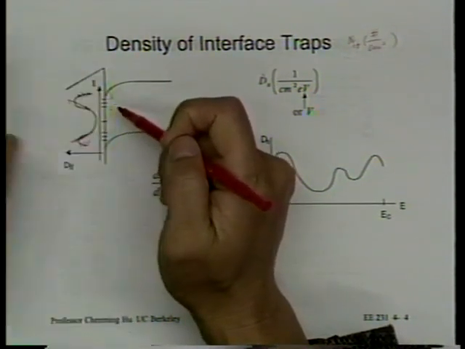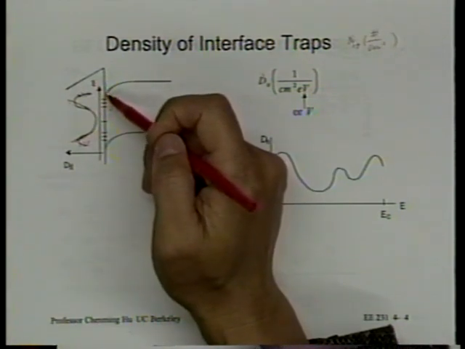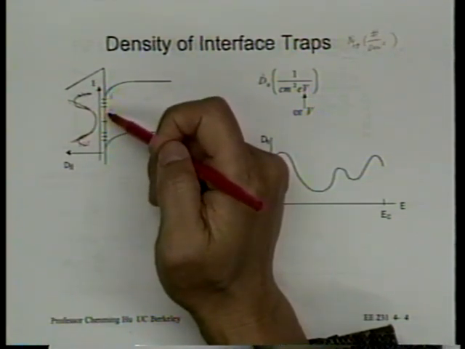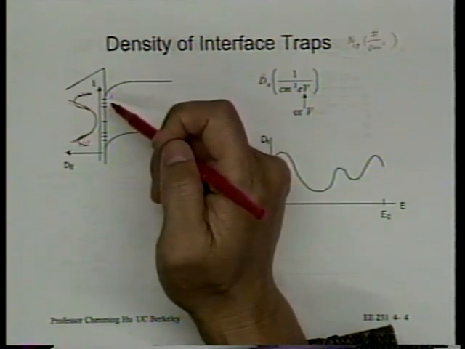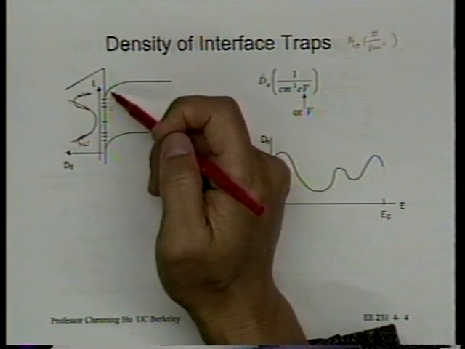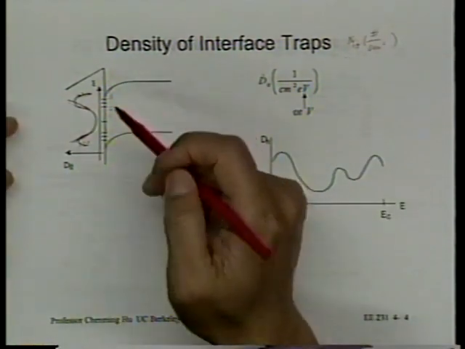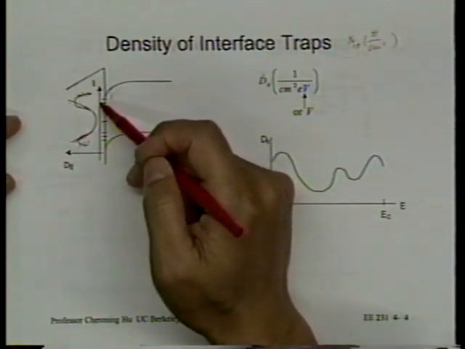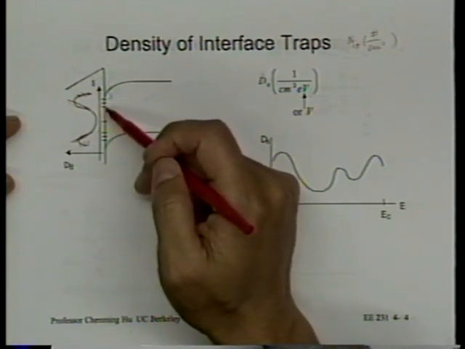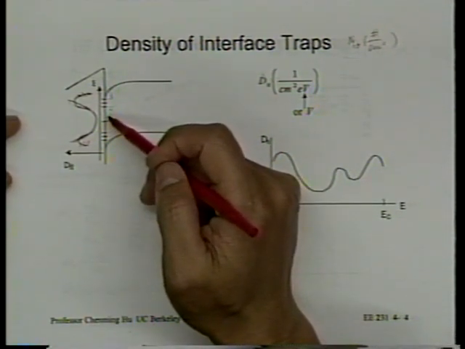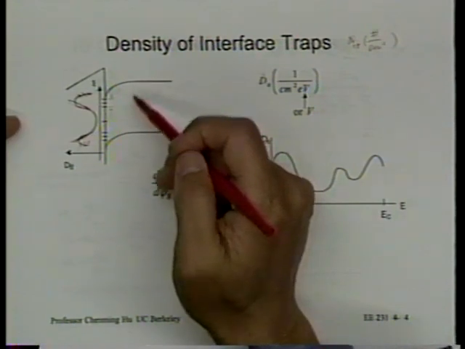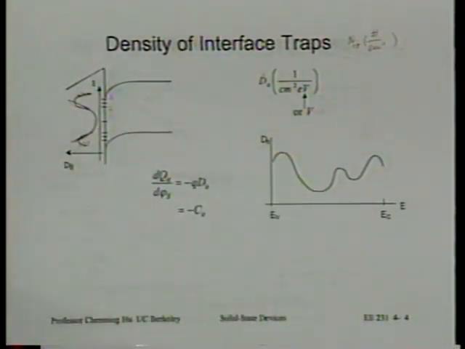It seems reasonable that we first find the traps near the conduction band and valence band. That concept is often used, for example, to understand amorphous semiconductors. There are a lot of traps, a lot of energy states, and it turns out the energy states decrease exponentially from the crystalline band edges.